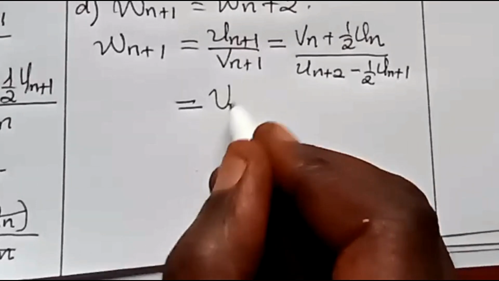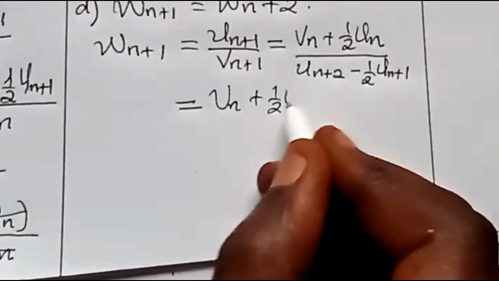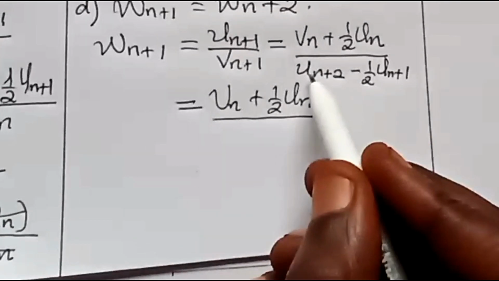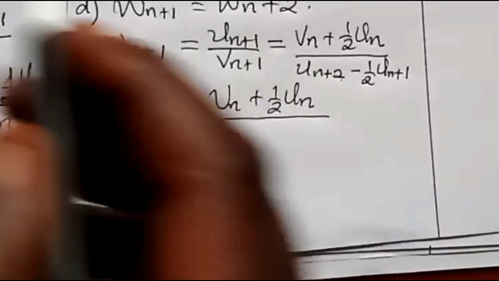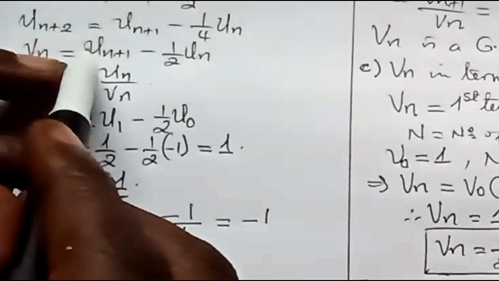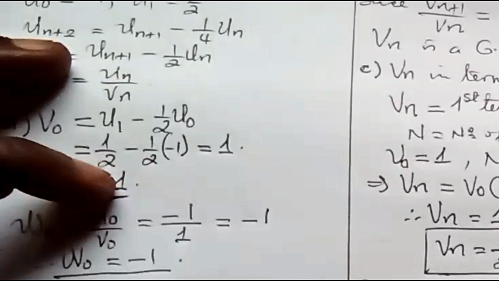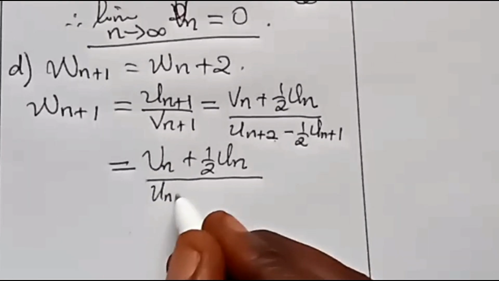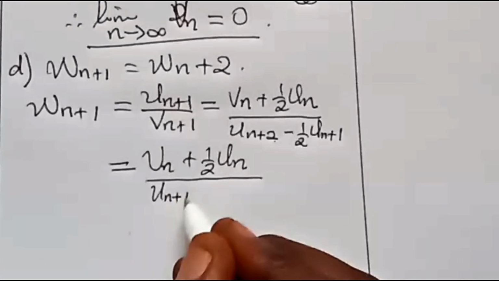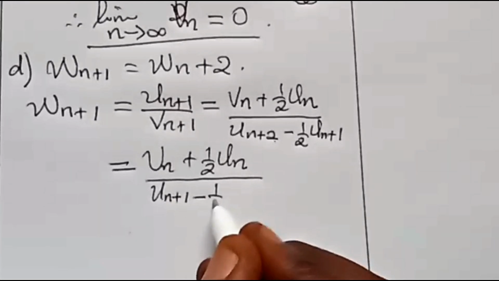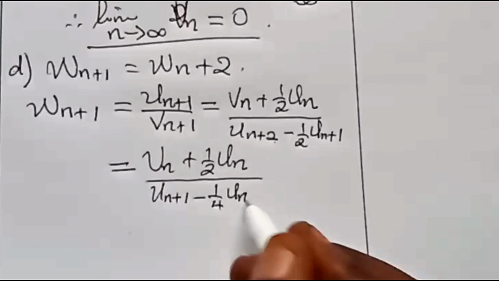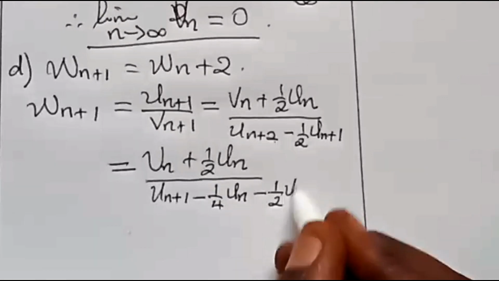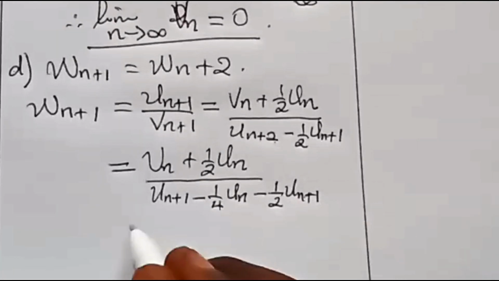This will give Vn plus half Un at the numerator all over Un plus 2. Again, it is given in the equation as Un plus 1 minus 1 quarter Un. So we replace it: Un plus 1 minus 1 quarter Un, and then minus half Un plus 1.